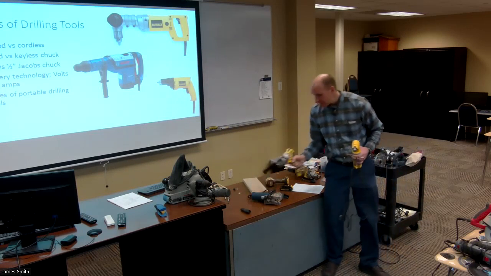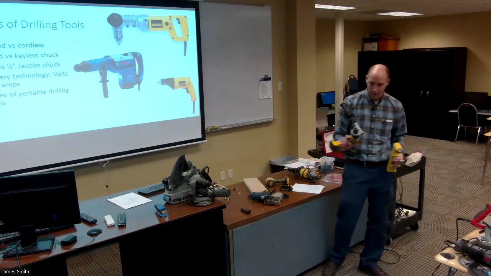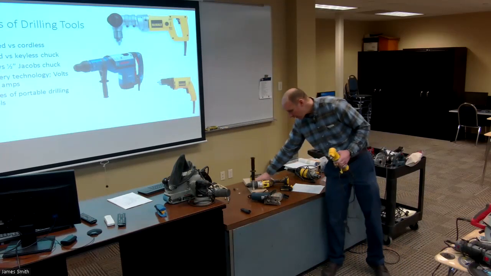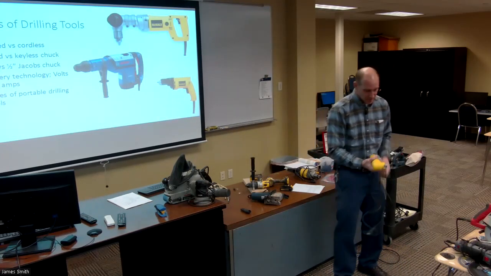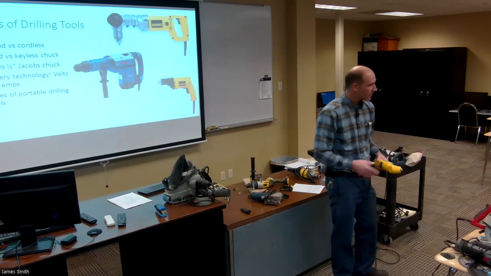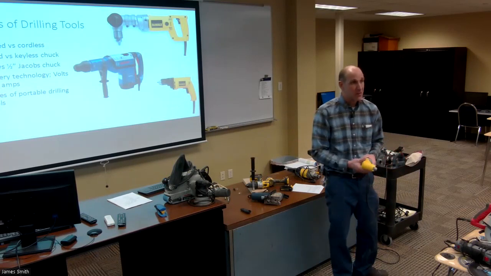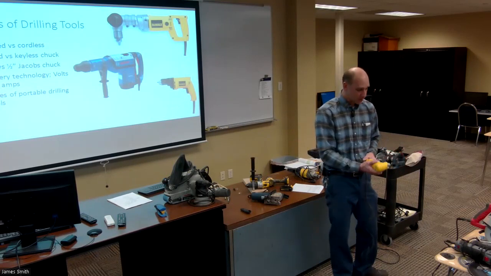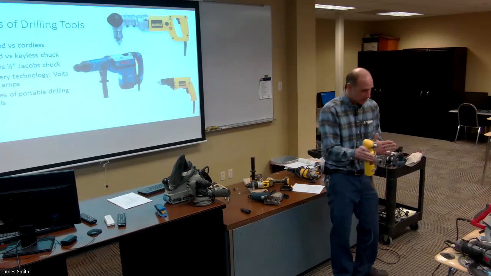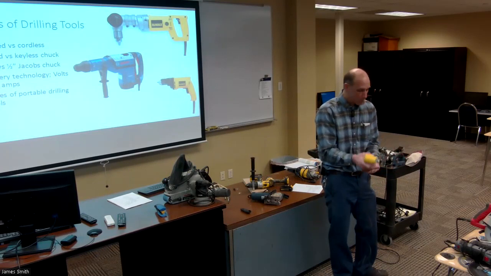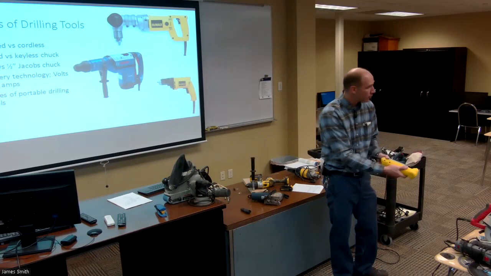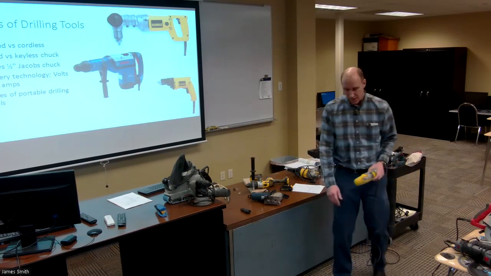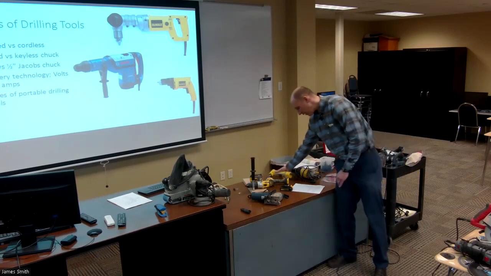The one I just showed you is a keyless chuck, or a quick grip. These are nice because you can fit them in. Let's say you're drilling holes between studs for running water line or electrical wire, and you have a really narrow cavity at the end of your wall. You can get right in there with a short bit and punch that hole through the 2x4.